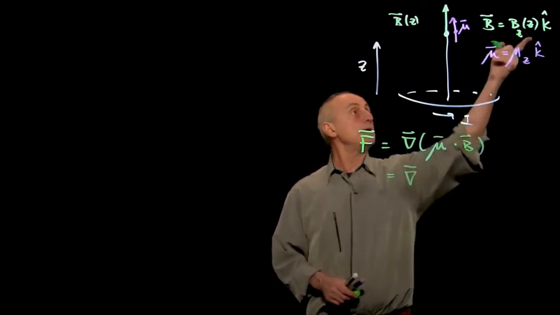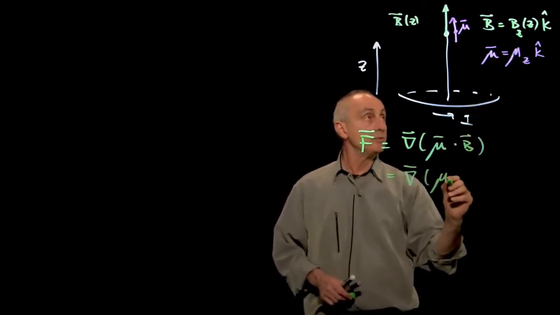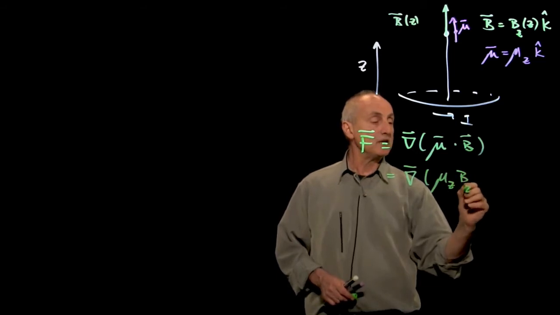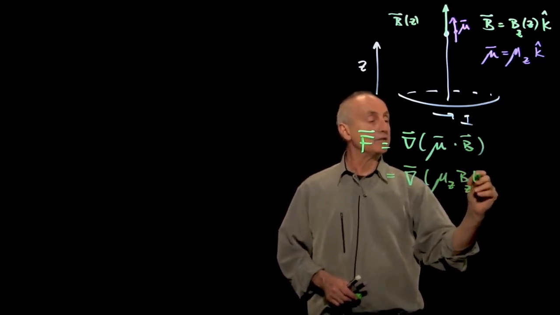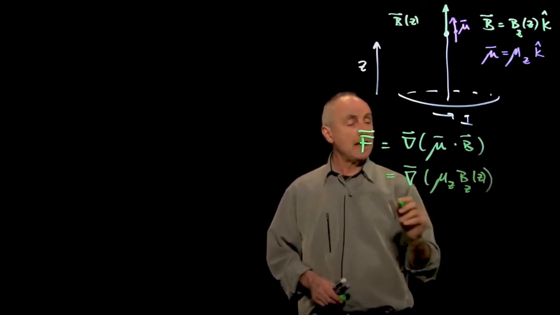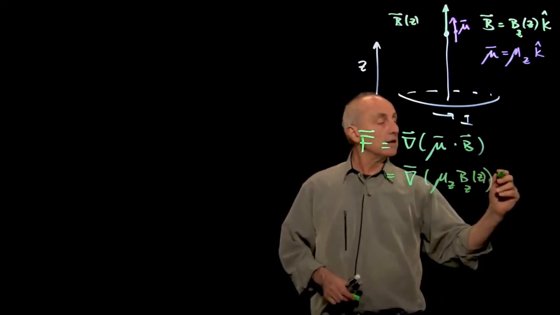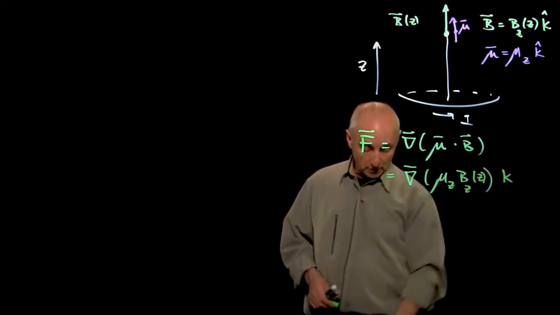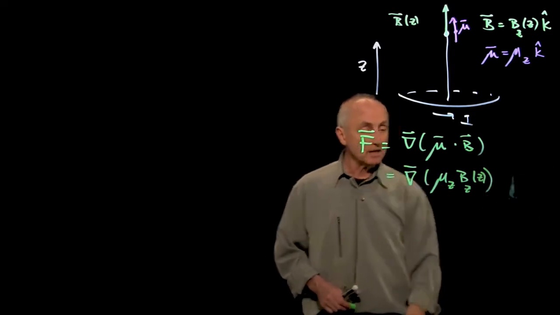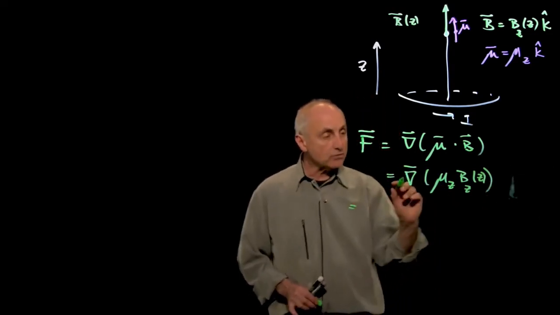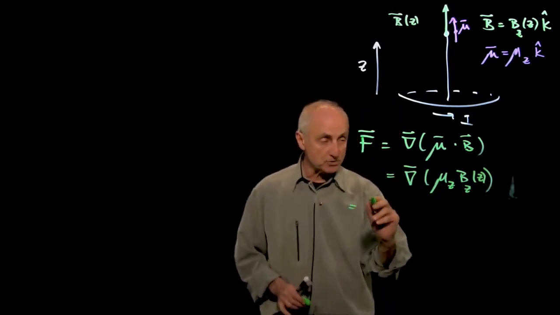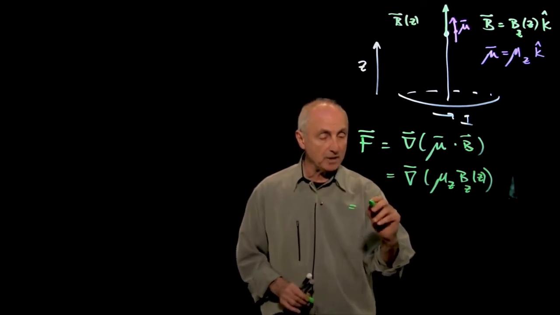Well, mu dot B is simply mu z Bz here at this point. And in general, we have the gradient. Now, in general, the gradient has three terms, so we have to be a little bit careful.